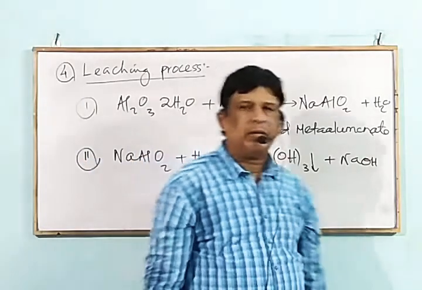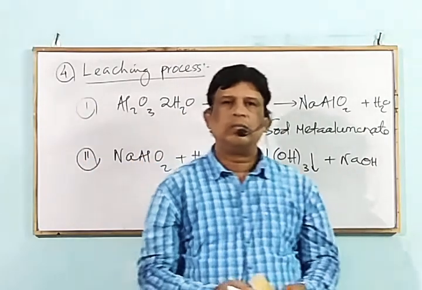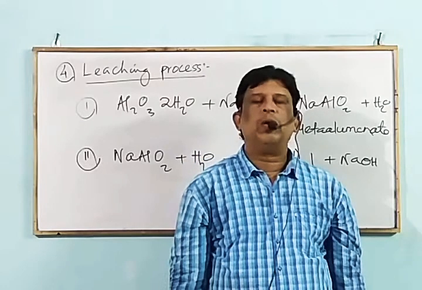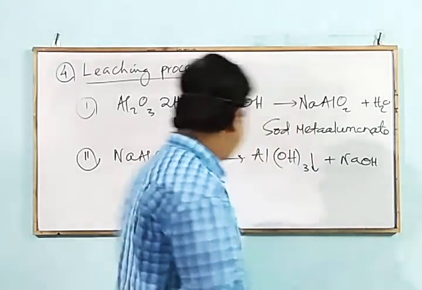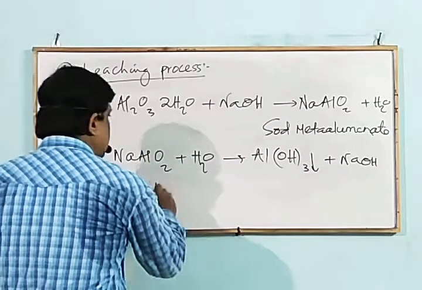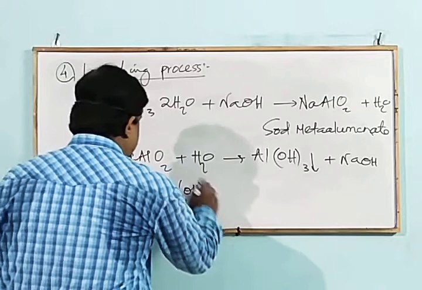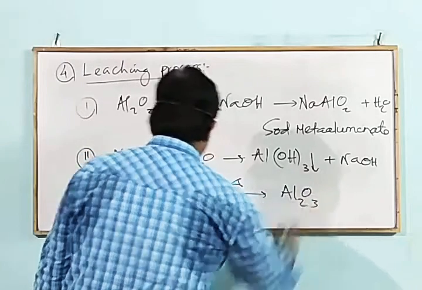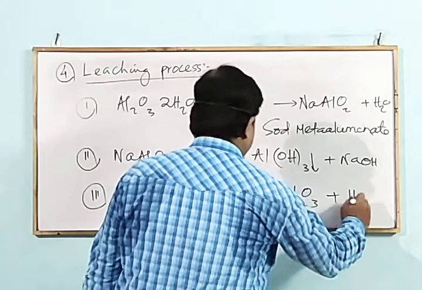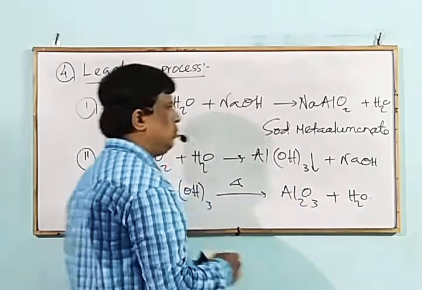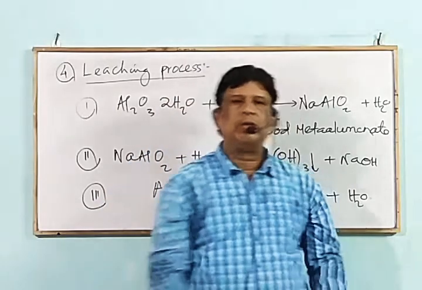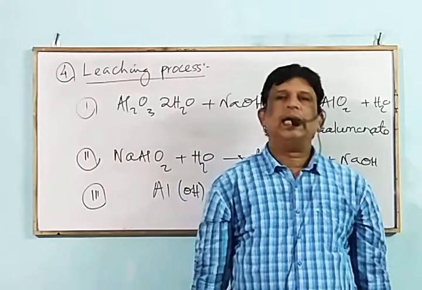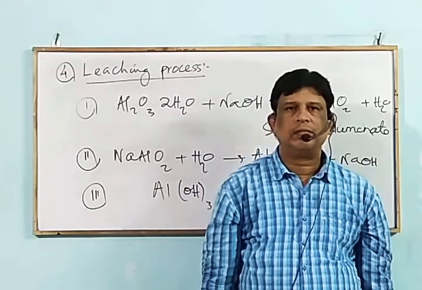That precipitate is filtered and finally heated to get the pure alumina. Mark that. Step 3. Aluminium hydroxide is strongly heated to form alumina. It is all about the different steps followed during the concentration.